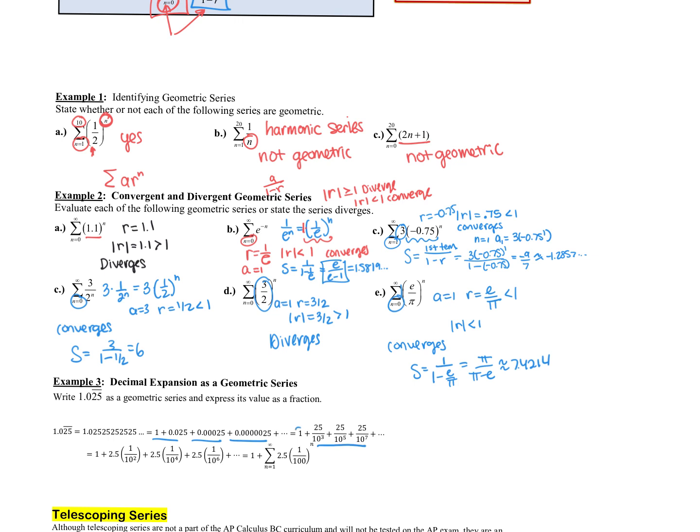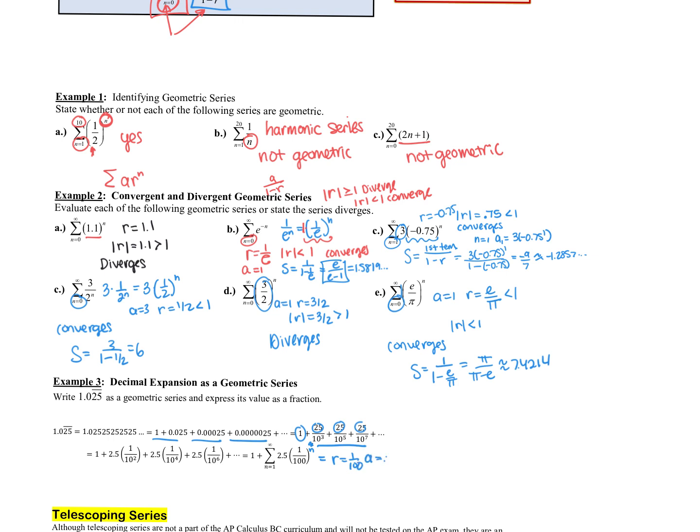This series has a 1 in the front, and then we have 25 in the top of everything, and then this is raised to an n power here. So we're going to start with n equals 1 and raise it to that power. And so then you could always find the sum because r is equal to 1 over 100.